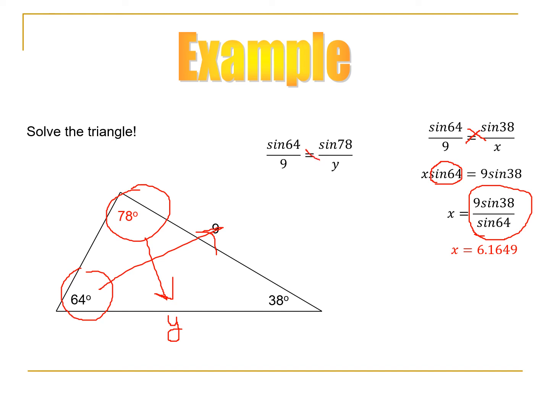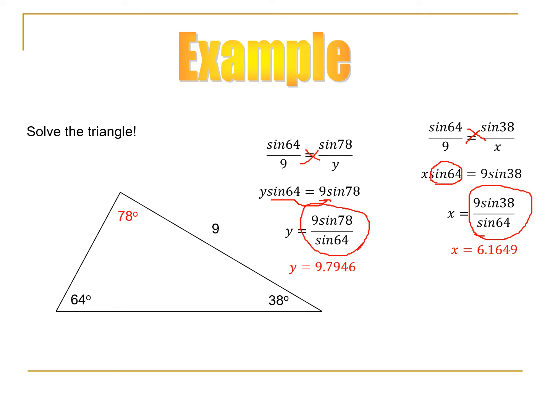Cross multiply, divide that to the other side, and punch all of this into your calculator. And there it is. We have solved the triangle. We have all three angles and all three sides.